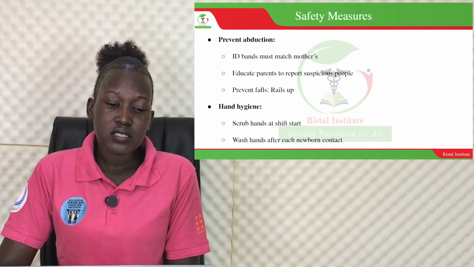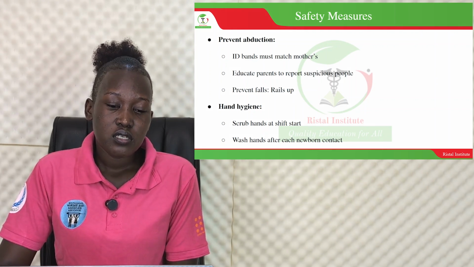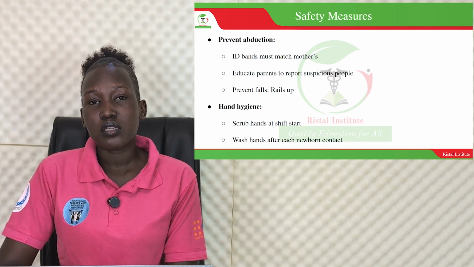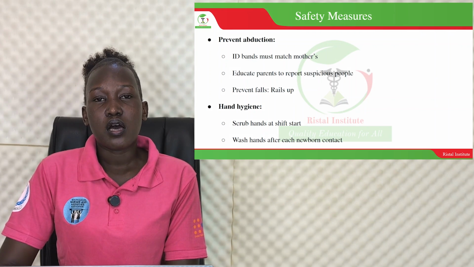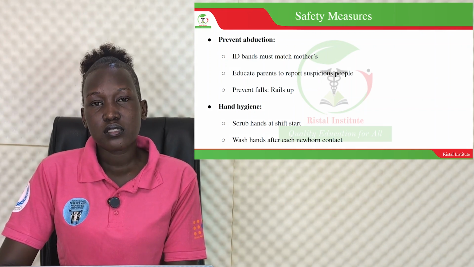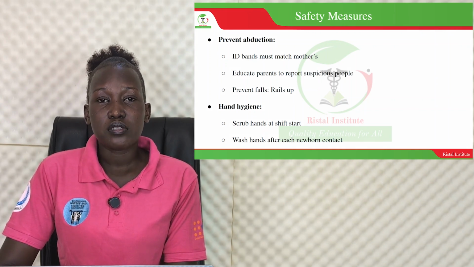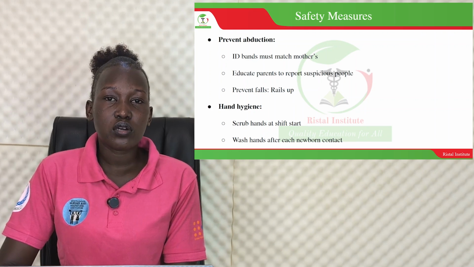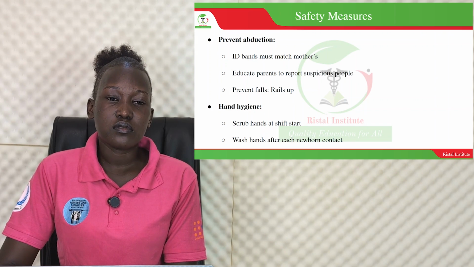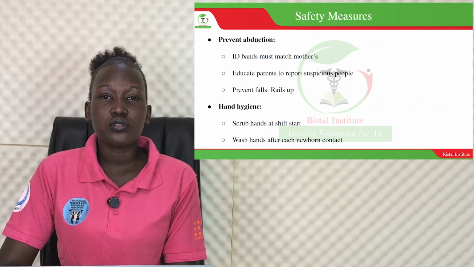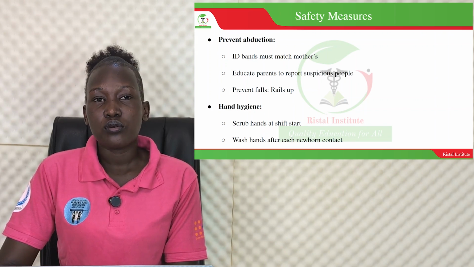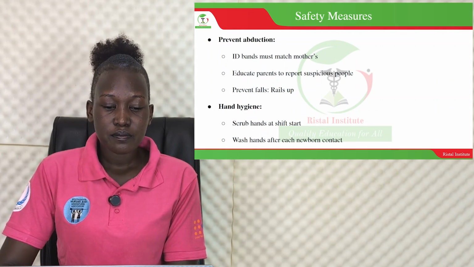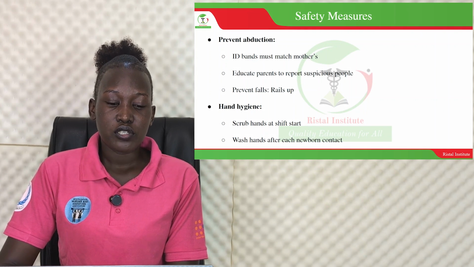We should also practice hand hygiene. Scrub hands at shift start. Make sure you scrub your hands, not only at shift start. Every time you're going to where the baby and the mother is, you wash your hands. And after you're finished with them, you wash your hands. So long as you have touched the patient or gone around the patient's bed, you must wash your hands, even before you go to another patient.